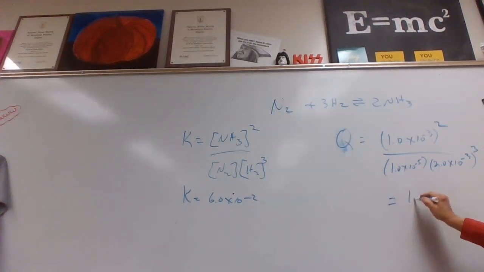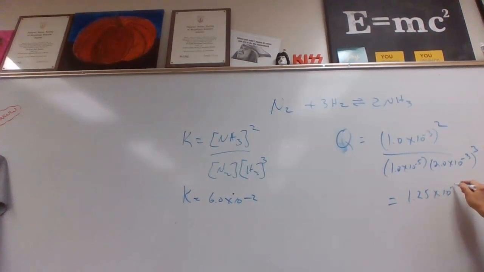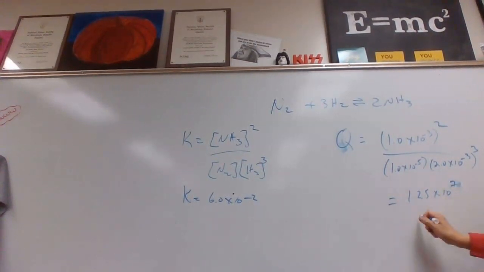That's that same one that we looked at before, which came out to 1.25 times 10 to the 7. Remember when we did that one before? So obviously Q is much greater than K. We've made too many products. It's going to shift back toward reactants.